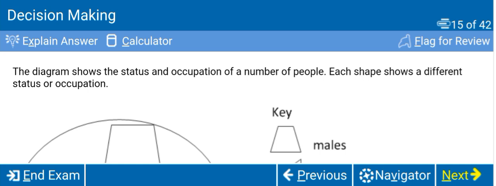Okay, next we have a question that the diagram shows the status and occupation of a number of people. Each shape shows a different status or occupation.